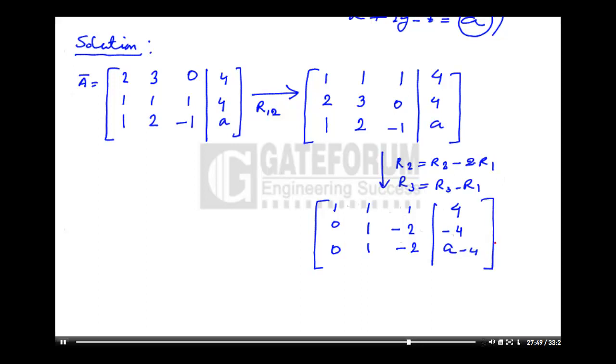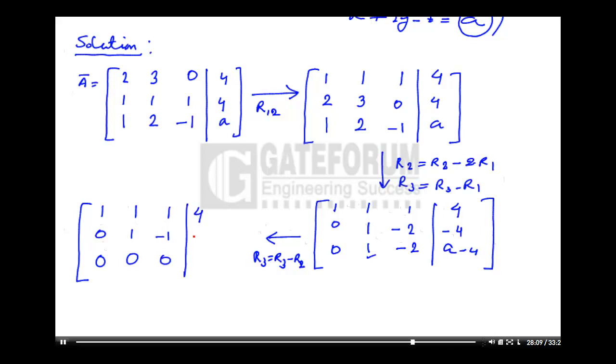Now we make this element 0. Apply R3 equal to R3 minus R2, and we get the resultant matrix as 1 0 0 1 1 0 1 -1 0, and here 4 -4 and A.